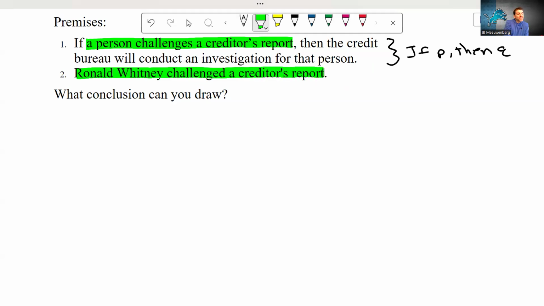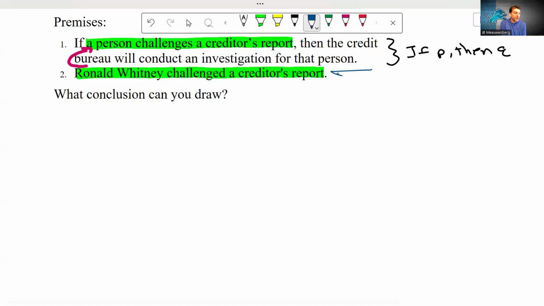Notice how that statement aligns with the hypothesis, the P in our conditional statement. If a person challenges a creditor's report, Ronald Whitney challenged a creditor's report. So the first premise was an if P, then Q statement.